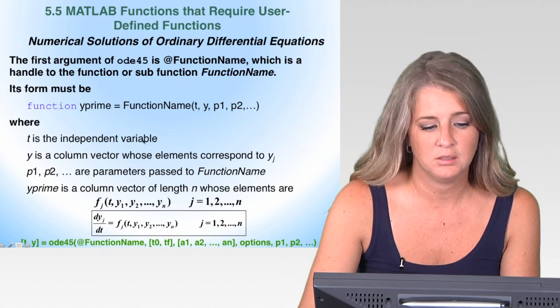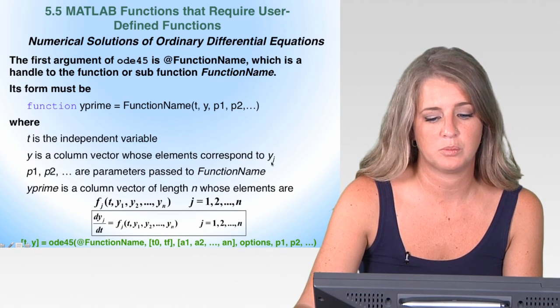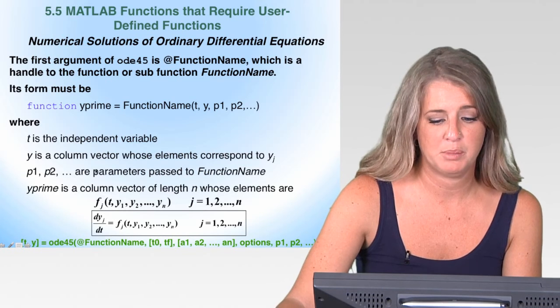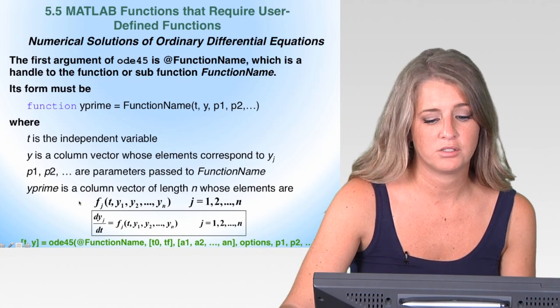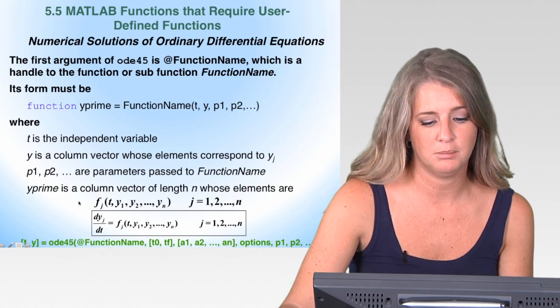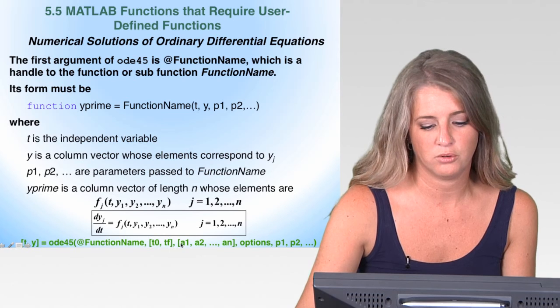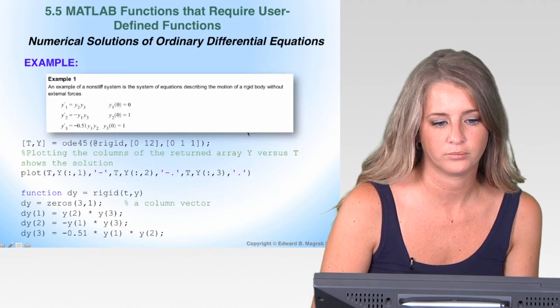So t is the independent variable, y is a column vector whose elements correspond to yj, p1, p2 are the parameters passed into the function name, and y prime is a column vector of length n whose elements are as follows here. So again, here's our general form of the ODE45 function.